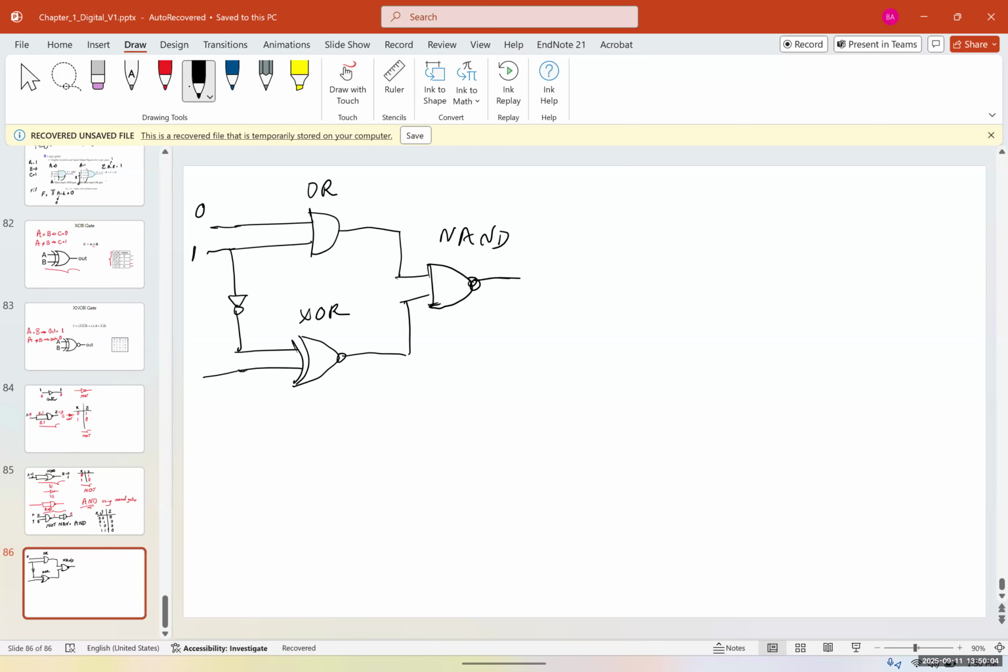This is 0, this is 1, this is 1. What is the output F equal to?